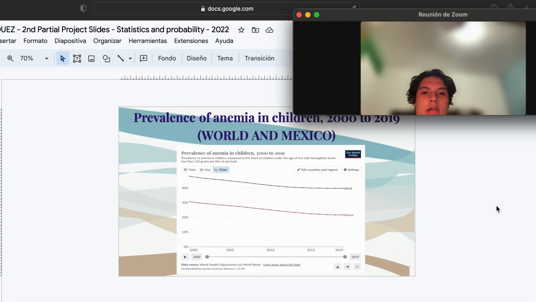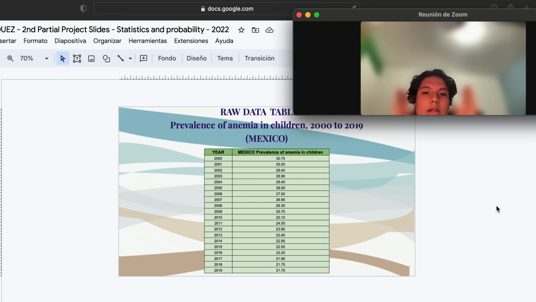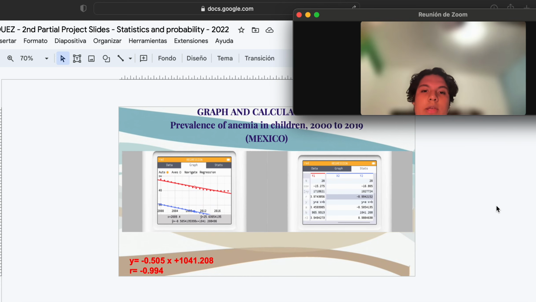Then we have the graph, where we can see data from the world and Mexico. I took the raw data of Mexico and put it in a table. Then I put that table into NumWorks, and basically I get the linear equation and the regression coefficient.